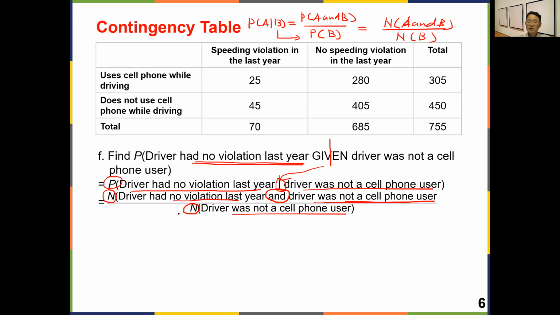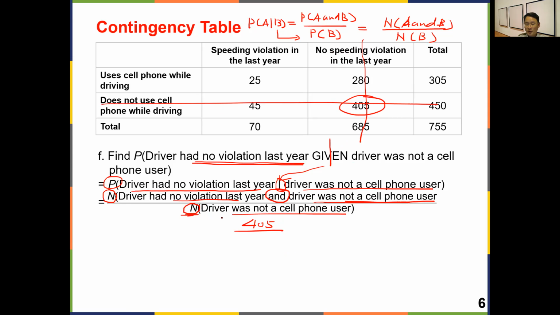Okay, so let's think about it. How many of them had no violation and not used cell phone? No violation is right here, and not used cell phone, like this. So the top number is going to be 405.